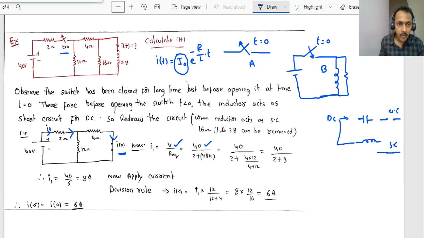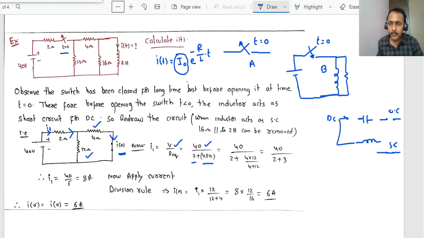R equivalent we want to find from the voltage source side. This 4 ohms and 12 ohms are in parallel. That is what we have written, 4 parallel to 12, and the resultant will be in series with 2 ohms. 2 plus 4 parallel to 12.